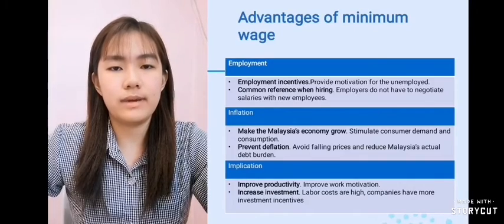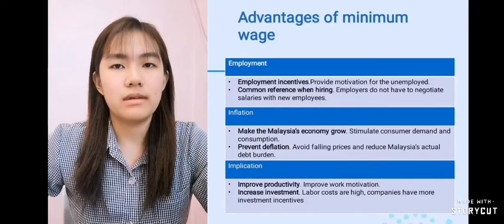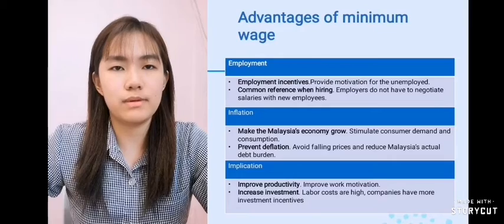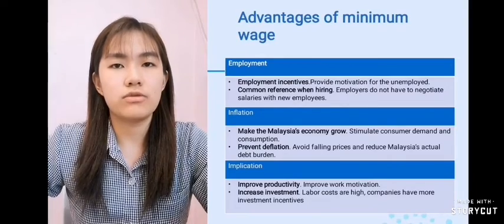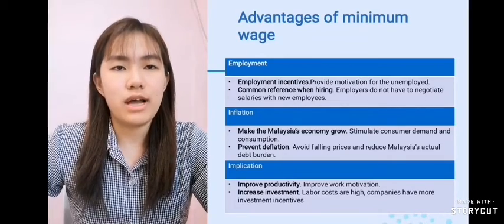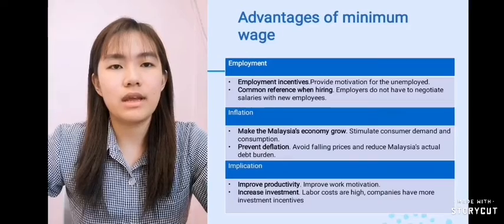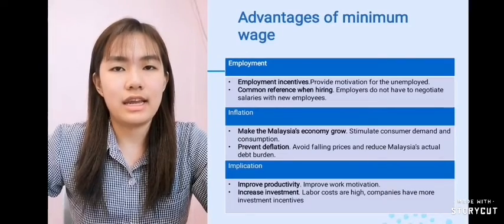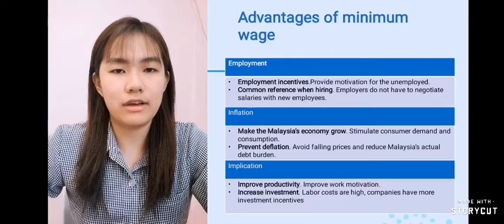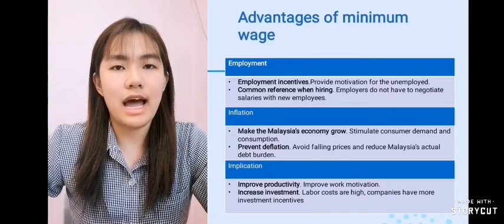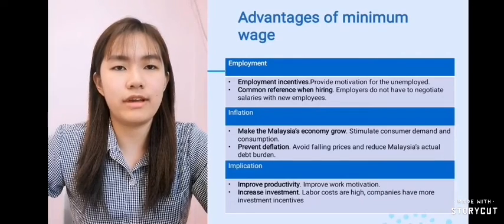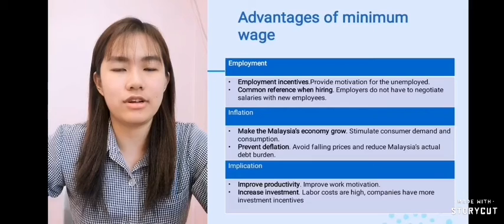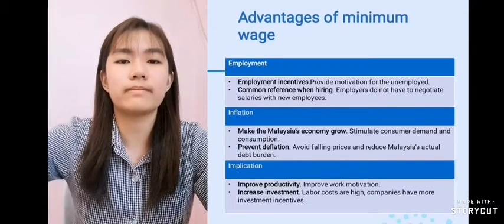In terms of implication, the minimum wage can increase pupils' motivation to work hard because wages are directly proportional to efficiency. In addition, investment can be increased. Labor costs are high, so companies have more investment incentives and increased labor productivity.